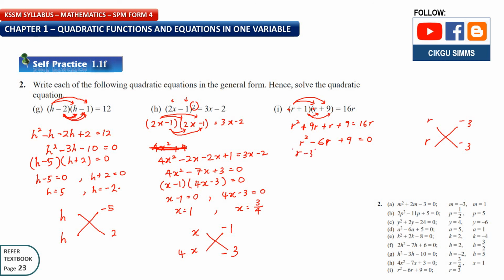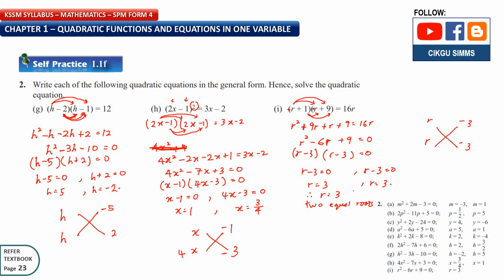So r minus 3 and r minus 3 is 0. r minus 3 is 0, r minus 3 is 0. So you have only one answer because the two roots are the same. This is called two equal roots. So r is 3.